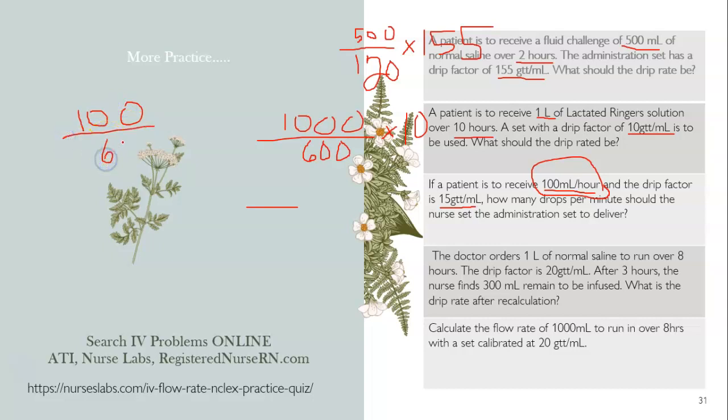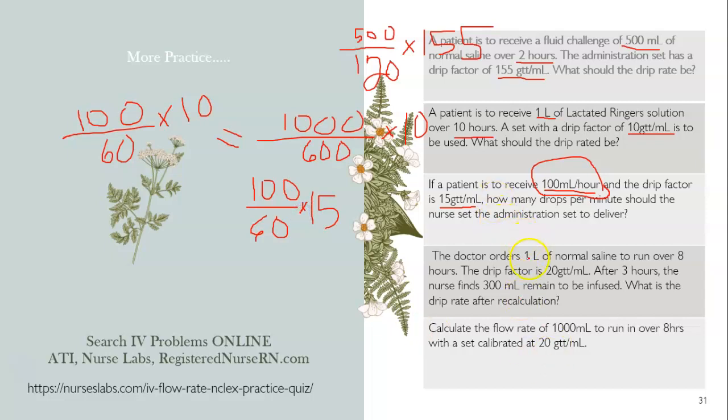That's 100 an hour, isn't it? Times my 10. Isn't it? Okay? So think about this, 100 an hour with 15 drop factor. Okay? Do the math.